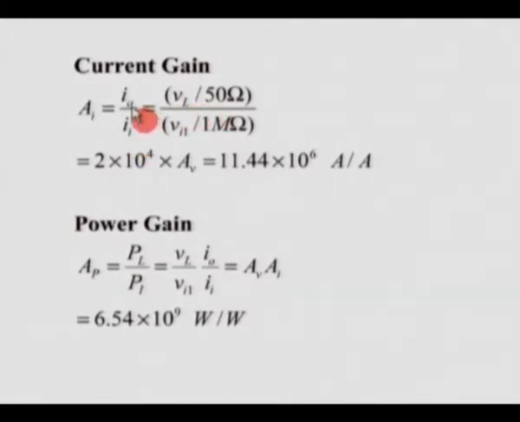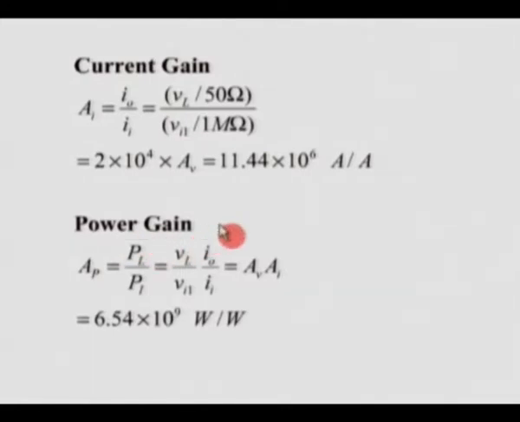Now, we know that I naught is nothing but the voltage VL divided by the load, which is 50 ohms, and the input current is nothing but the voltage across the input of the first stage divided by that resistance. If you compute this, you would get 2 into 10 power 4 times the voltage gain, and that comes to 11.44 into 10 power 6, a fairly high current gain.